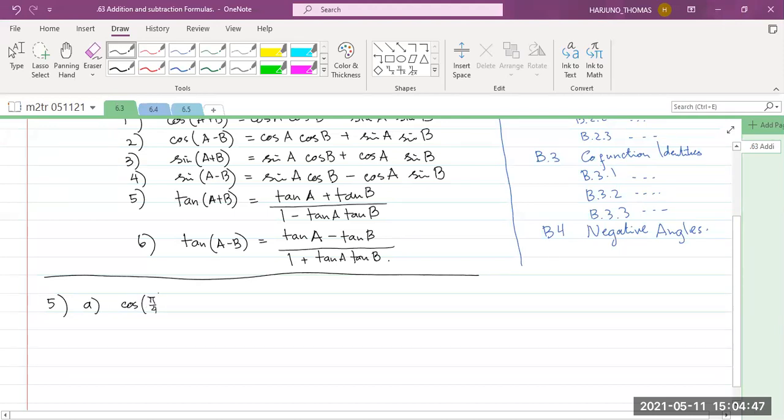I have a habit that if the angle is a fraction like that, I put parentheses. Why? Because cosine of pi over 4 is not the same as cosine pi, over 4.